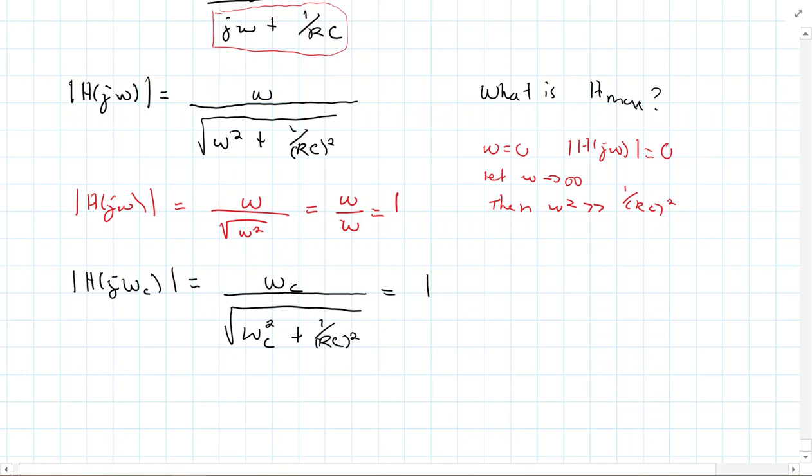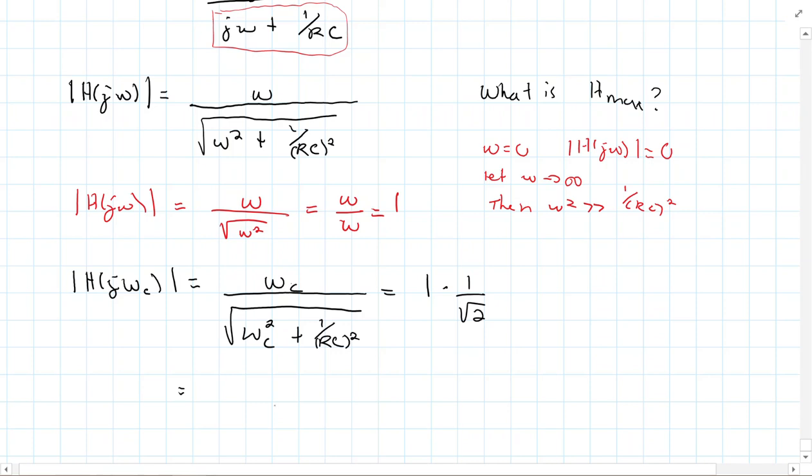And we want to see when that's equal to 1. So we're going to do the same thing as we did before. Is 1 times 1 over the square root of 2, right? Because we have to account for the fact that we're at the 1 over the square root of 2 times H max. So H max is 1, and then I have that 1 over square root of 2.